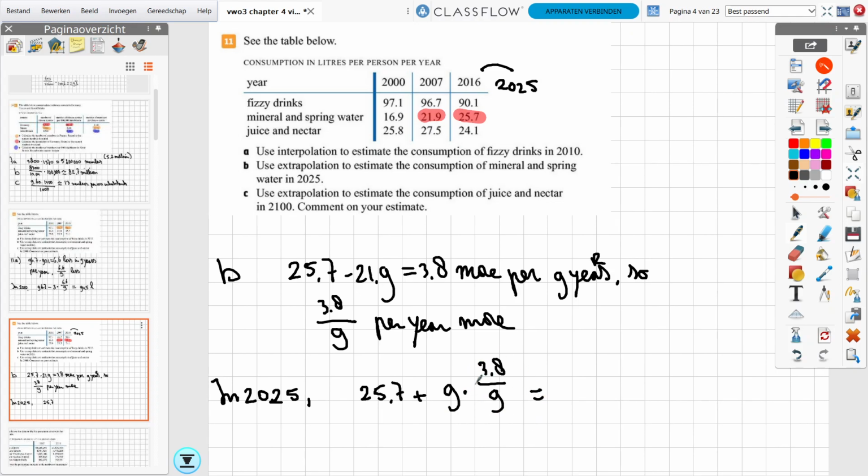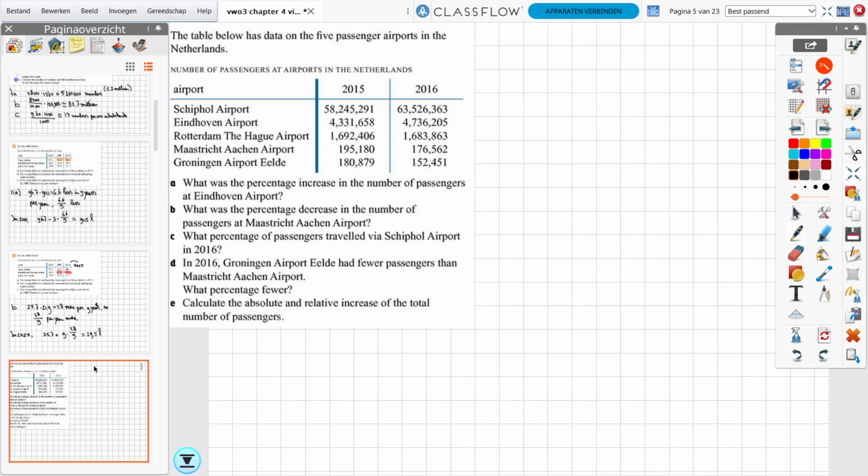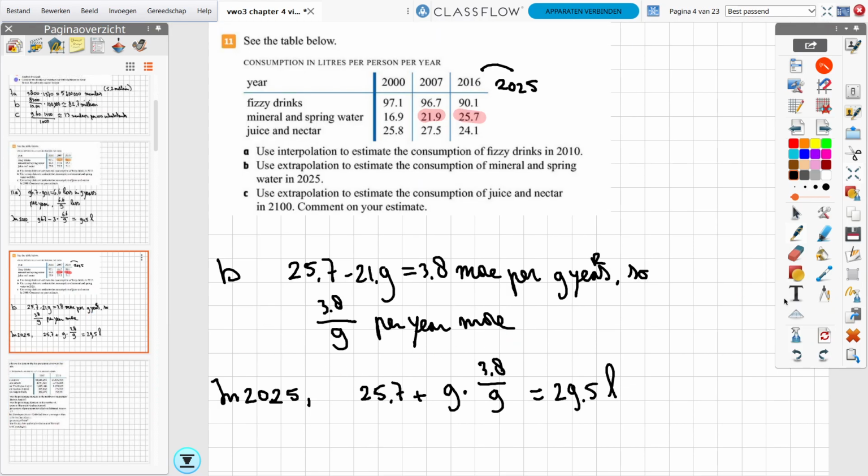Multiplying by 9 and dividing by 9 cancel each other out, so it's the same as just adding 3.8. That gives me 29.5 liters in 2025. It's still good to know how the method works, because oftentimes you don't have exactly the same time span that you used for the calculation as you go into the future.